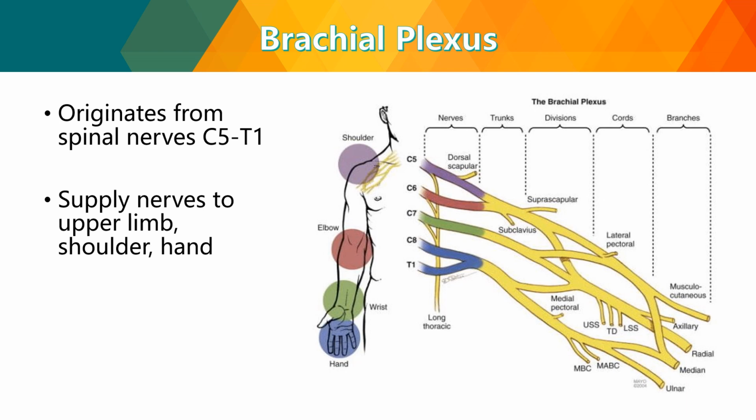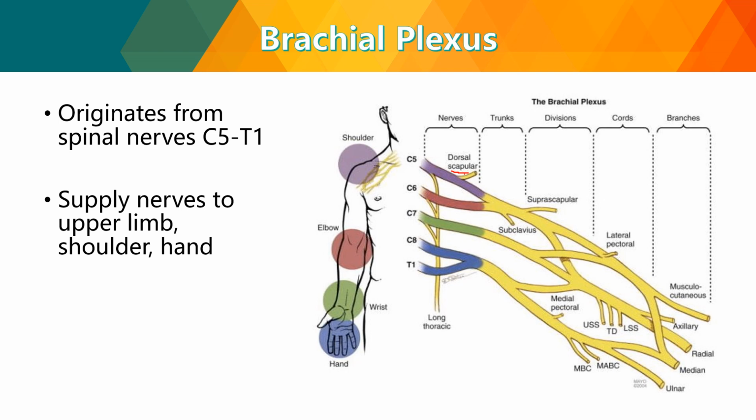For the brachial plexus, you see that it is subdivided into nerves, trunks, divisions, cords, and of course the branches. For the nerves, again, you see here C5 to T1, and then they have trunks, and then branches like your dorsal scapular.